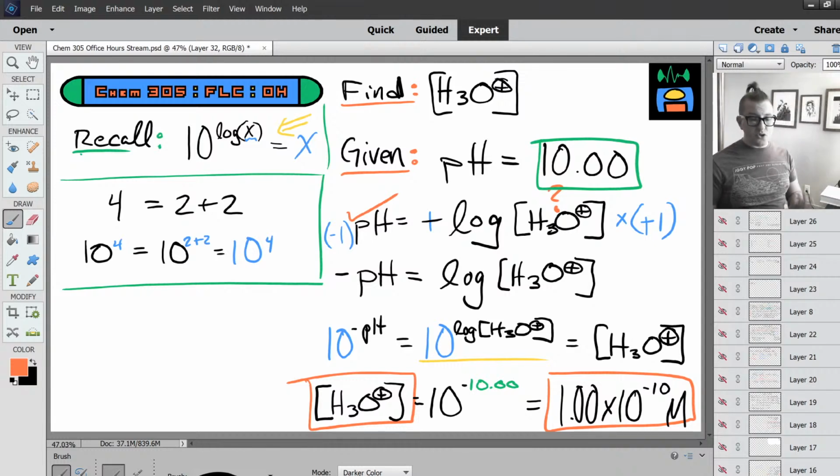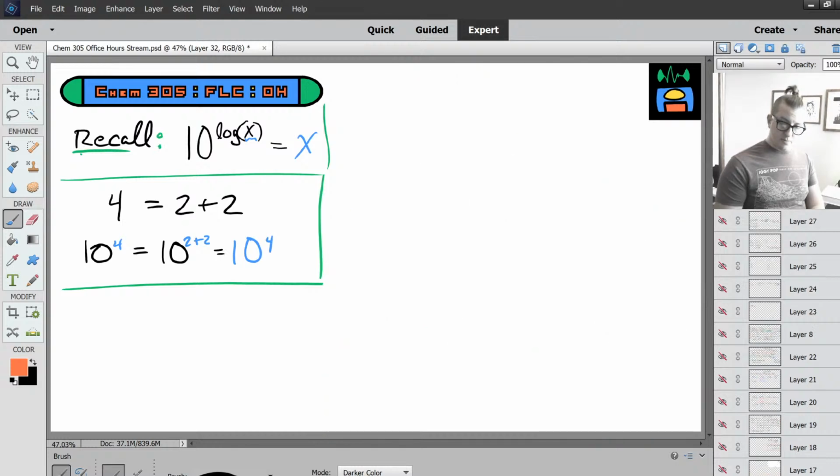So that is how you use the pH to find the concentration of hydronium, but that's only half the problem. Now that we know the concentration of hydronium, we need to find the concentration of hydroxide. So let's do that second part. You have to find hydronium first though.